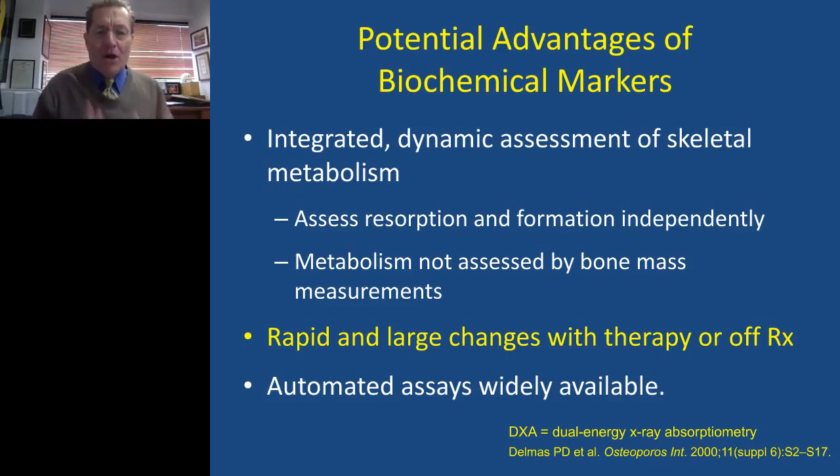The rapid and large changes with therapy or off therapy are probably one of their great advantages. And the assays are widely available both commercially from different labs and by different machines. And I think that some of the work that we're doing right now is to try to standardize some of these, but they're very accurate and widely available.